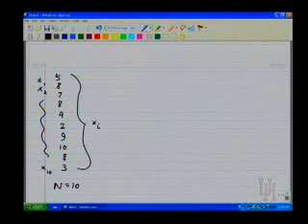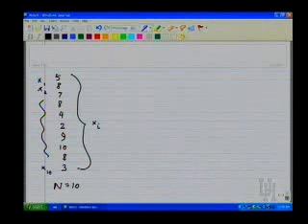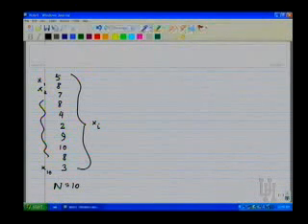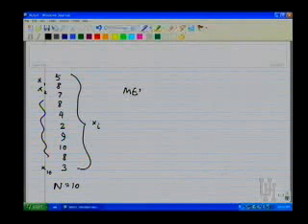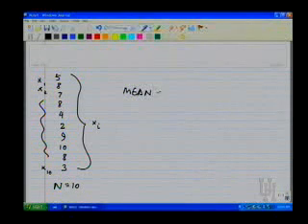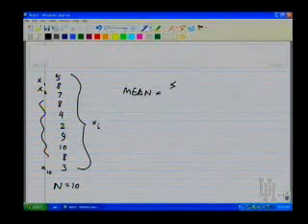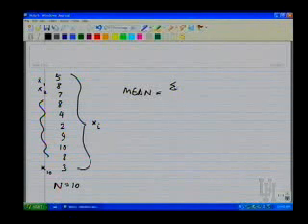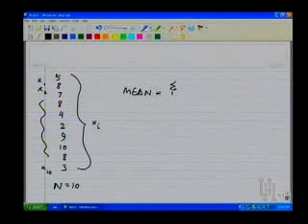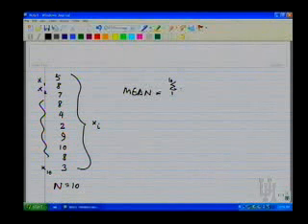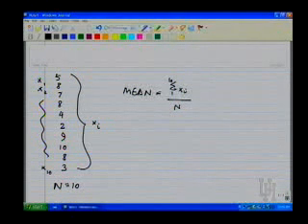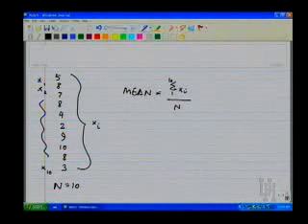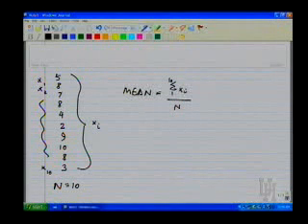I presume that each of you knows how to compute the average or mean of these scores. In order to compute the mean, we have the sum of, from 1 to 10, the xi's divided by n. This is the process that you go through when you compute an average.